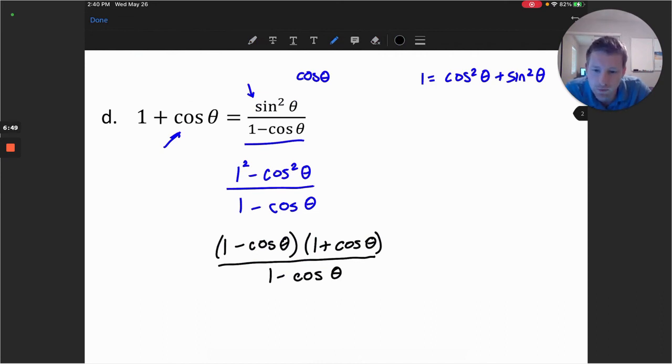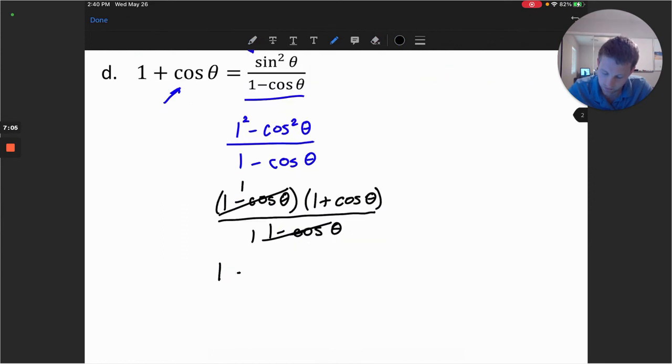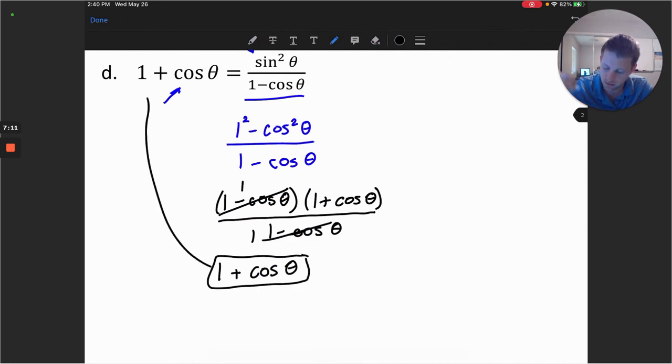And last but not least, we can see the cancellation we can make here with division. 1 minus cosine theta over 1 minus cosine theta goes away to 1. And I'll be left with just 1 plus cosine theta. And that's exactly what we wanted to solve for. So again, we know the solution, we just want to verify that solution on the left side.